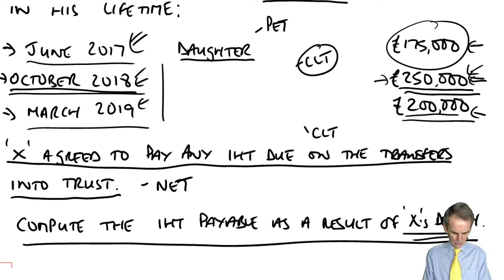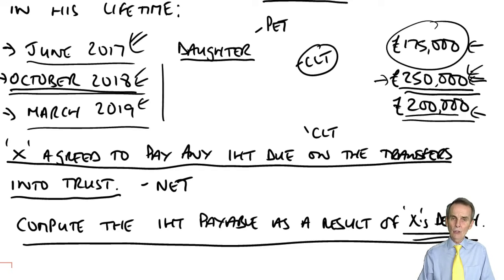I'll see if I can restore the written words there. Hopefully you've got them written down. On those dates, October 18 and March 19, we had the transfers into trust. The trust was for the benefit of the grandchildren there. At least we can see the amounts, and we know that they are both CLTs.